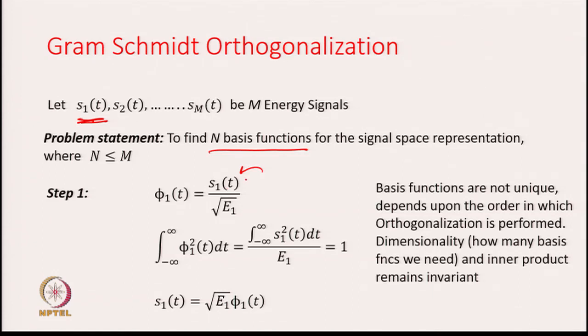Because we have started with s1(t), we might get a different answer than what we would have got if we had started with another signal s_M(t). So, it really depends upon the order in which you are carrying out this orthogonalization procedure; the basis functions might be different.